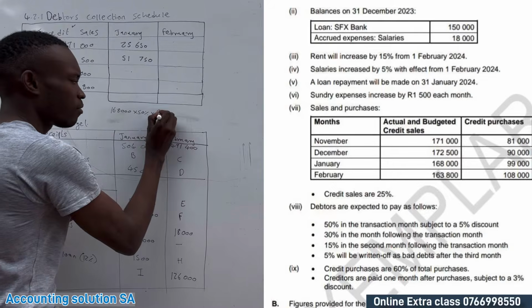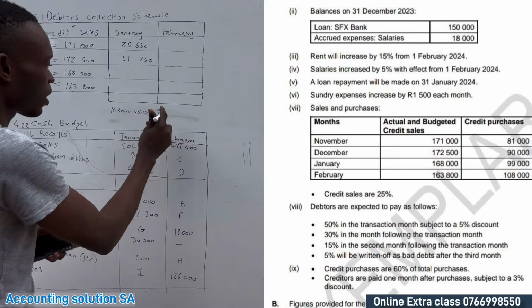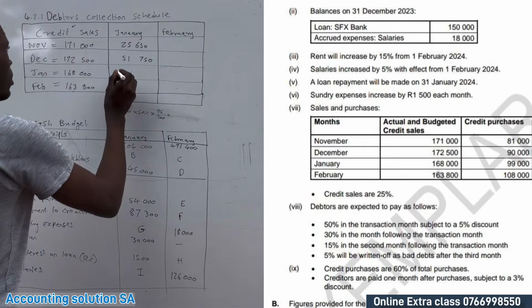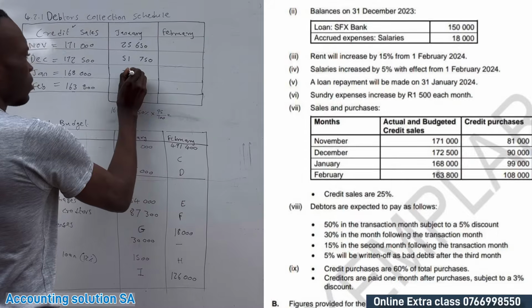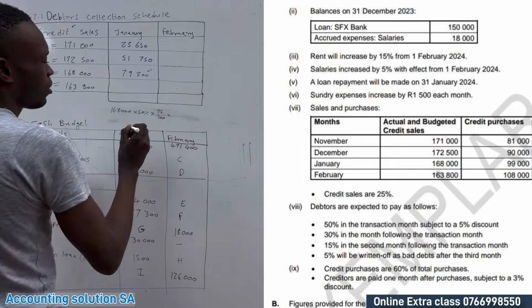How do we get 95? 100 minus the discount of 5% gives you 95. If you do this calculation, you're going to get 79,800.